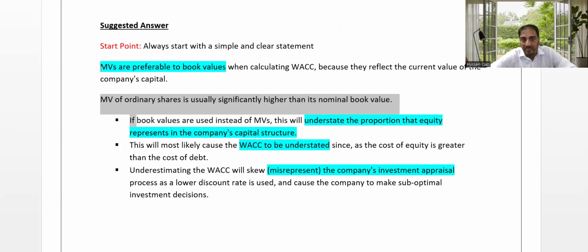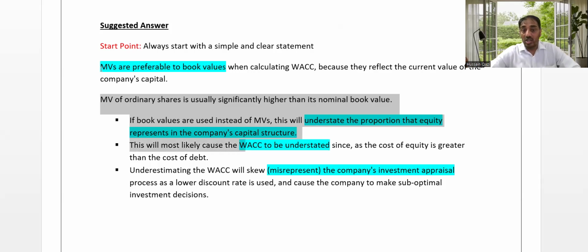So one by one, if book values are used instead of market values, you are comparing and criticizing the book value. If you criticize the book value, automatically you are actually preferring the market value. If book values are used instead of market values, this will understate the proportion of equity represented in the company's capital structure.